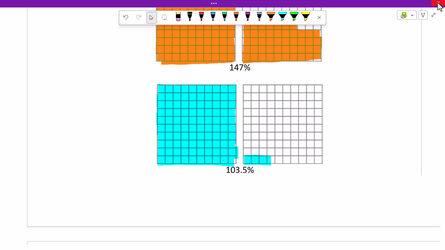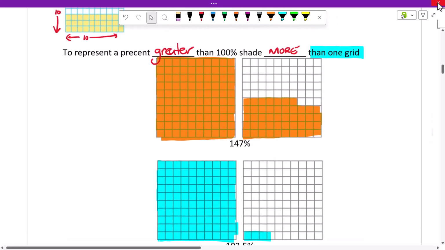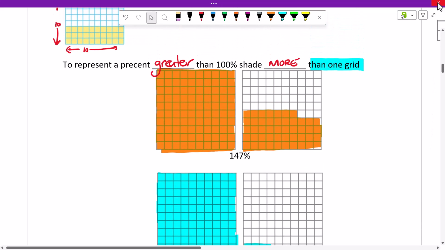103.5. Now, when we have these decimal percentages, it leads to a problem. Right? If I gave you a question on the test, and imagine I drew these orange boxes in and I didn't show you the number, and I asked you, hey, what's the percentage here?